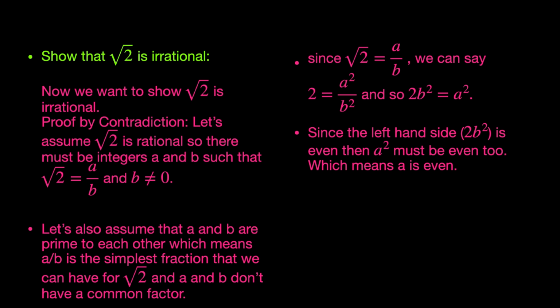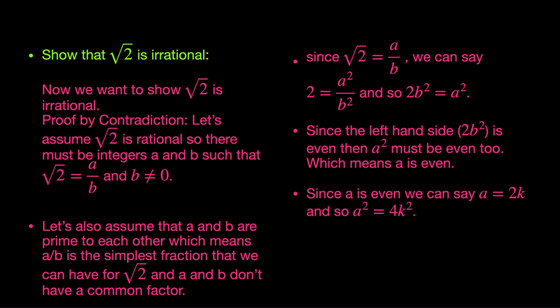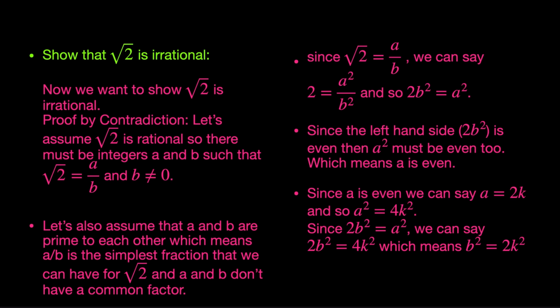And if a is even, then there must exist an integer like k such that a is equal to 2 times k, and a squared is equal to 4k squared. We knew 2b squared is equal to a squared. Now we can write it as 2b squared is equal to 4k squared. Dividing both sides by 2, we can say b squared is equal to 2k squared.